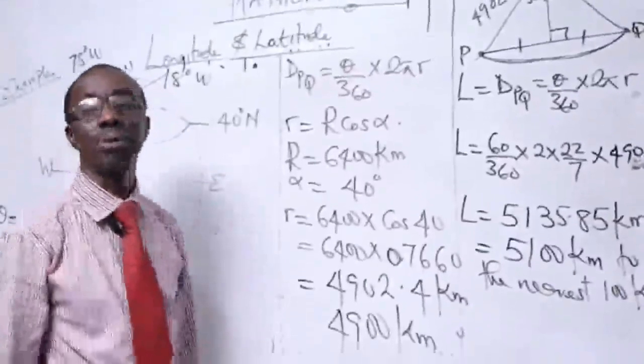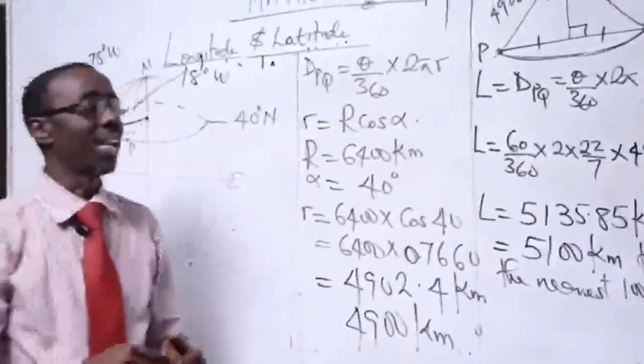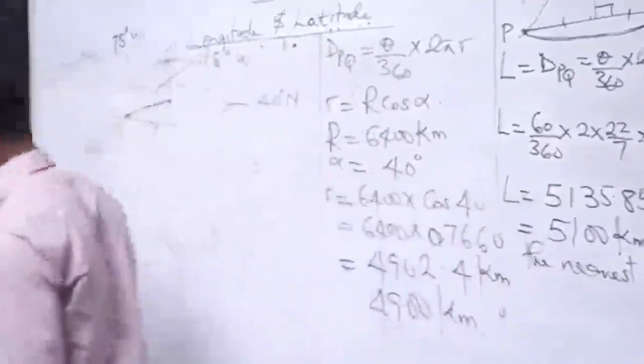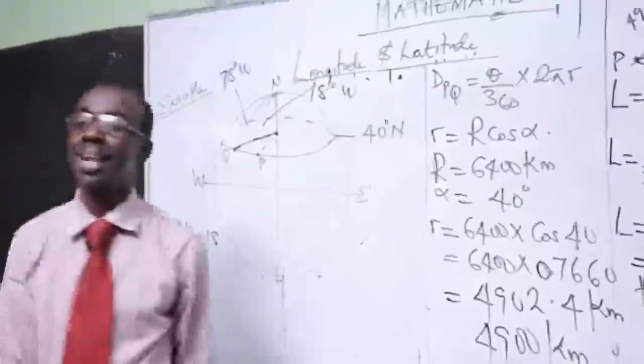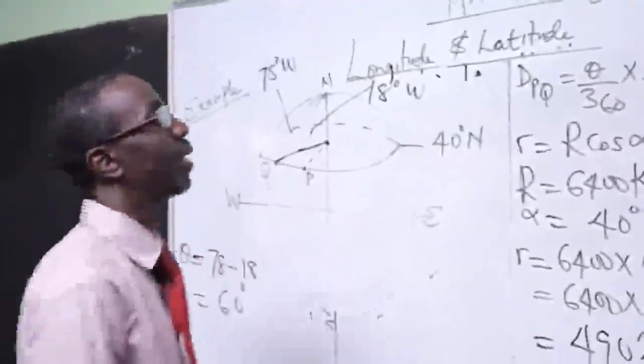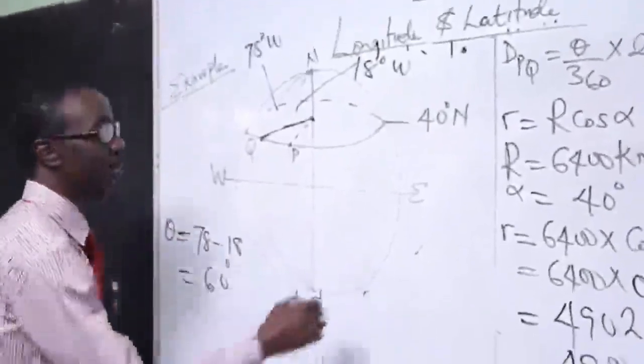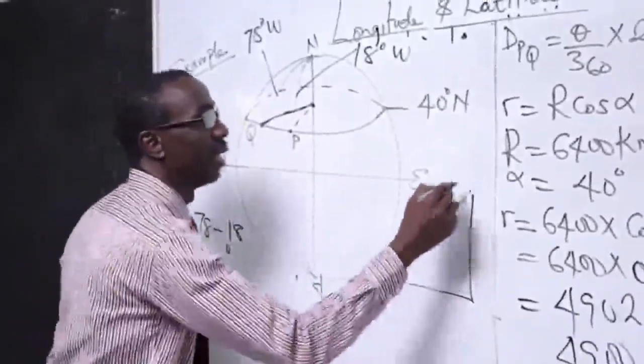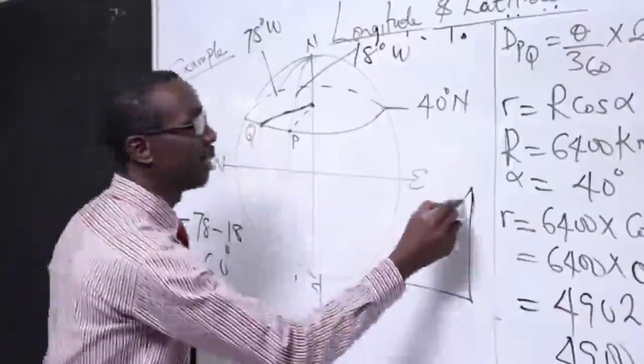When you have a right angle triangle, the main application that should cross our mind is the trigonometric ratio. Under that, I will show you here that this angle is 30.